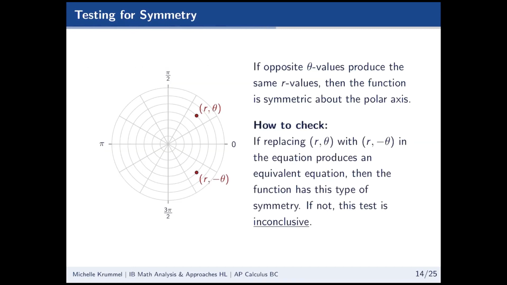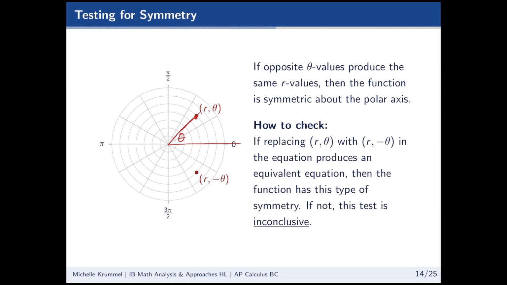Next, we're going to talk about symmetry. If opposite theta values produce the same r values, then we have a situation like we see in this picture here. So we have this angle theta. So we rotate theta and then we move forward from the pole a distance of r.